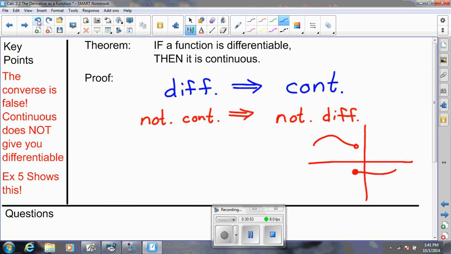And we'd have the same problem even if we had a removable discontinuity. Let me redraw this and change the color so we can see it better. Even if we have a hole in the graph where we could try to draw a tangent line at that point, the tangent line is tangent to the graph at the point.